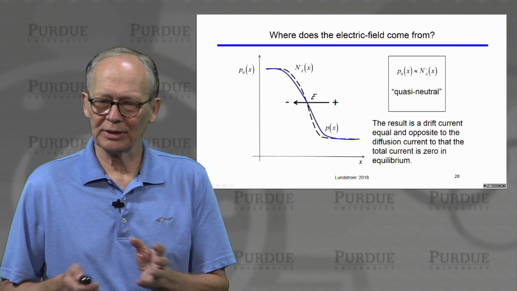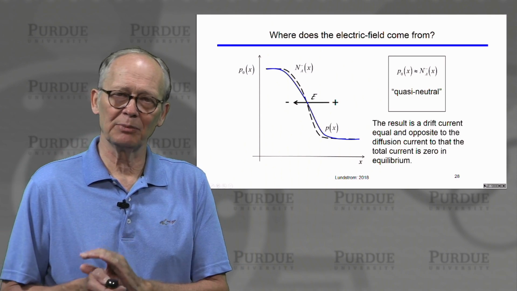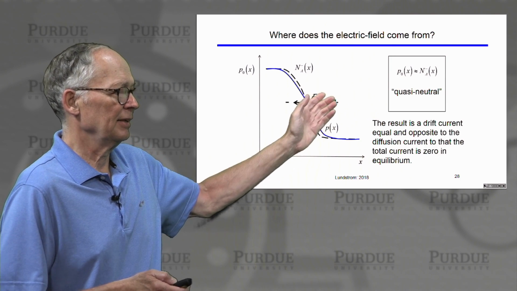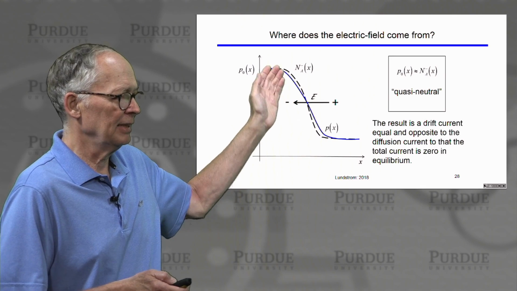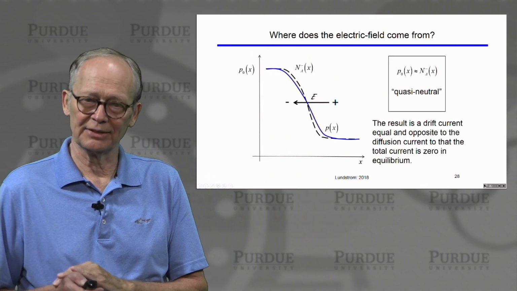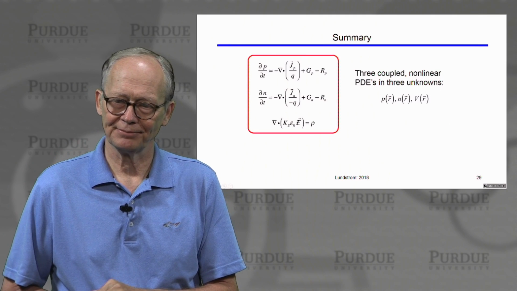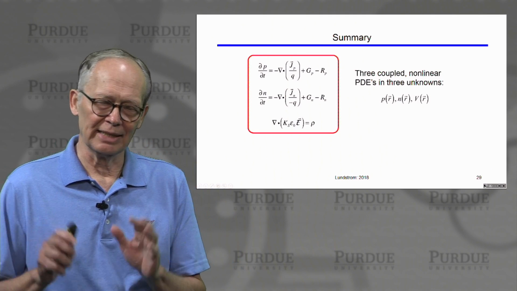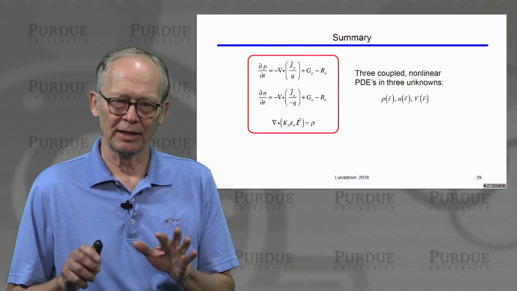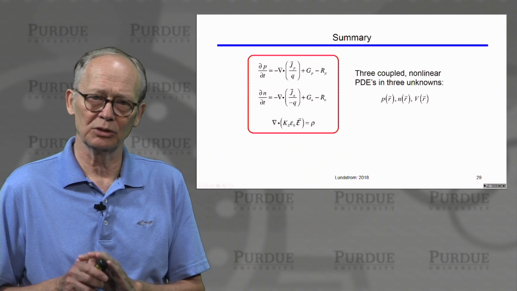Okay, so this is the result of, in equilibrium, we have to have zero net current. So this is the electric field that will give us a drift current to the left. There will be a diffusion current to the right, and the two will balance and we'll get zero current in equilibrium.